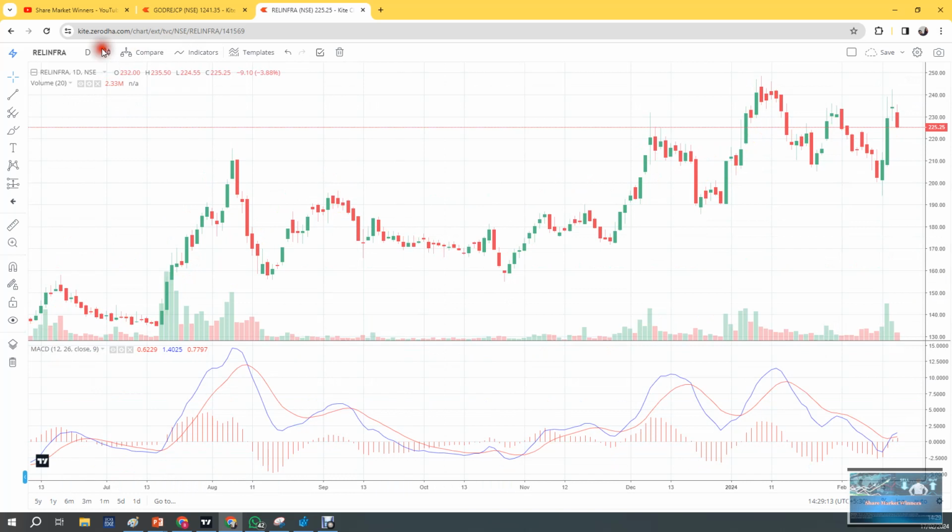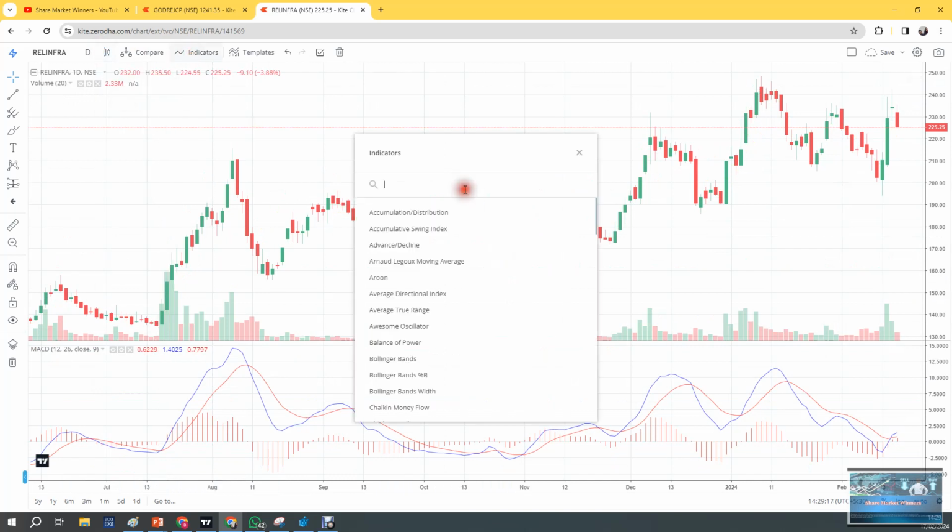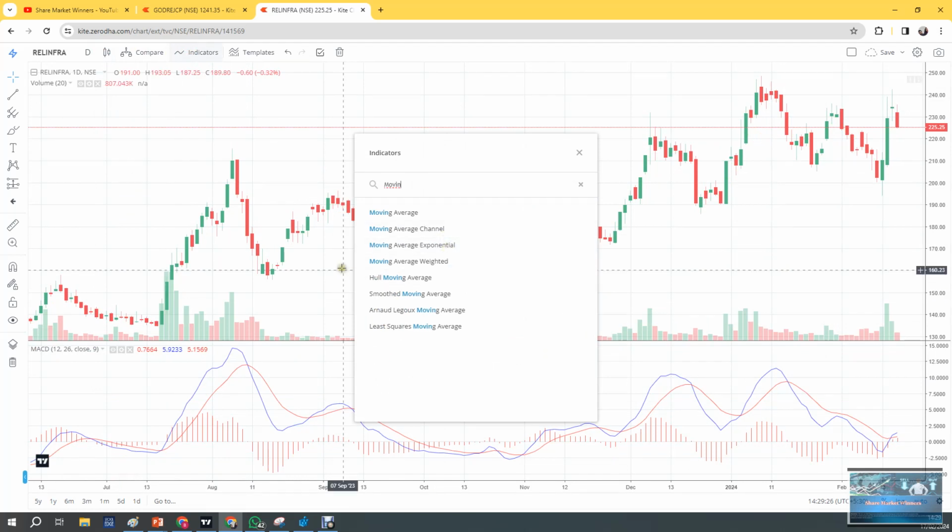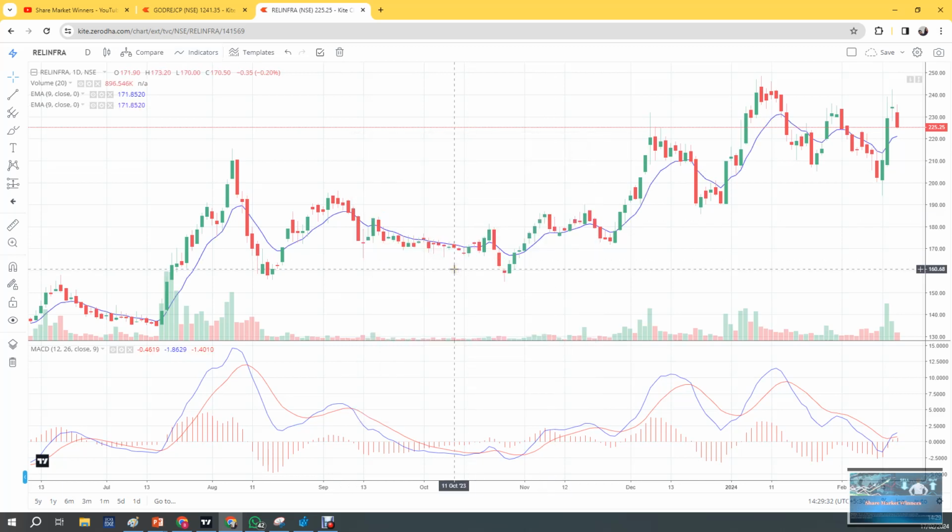So you can choose the candlesticks, go to the indicator section, and check for the moving average. Here you don't have any restrictions because it is the moving average. You can add it. Instead of the simple moving average, it is better to have the exponential moving average, which will give a more aggressive percentage movement for the days you have given.